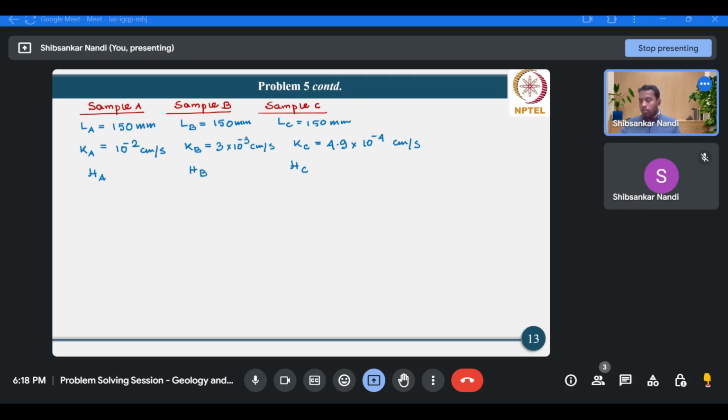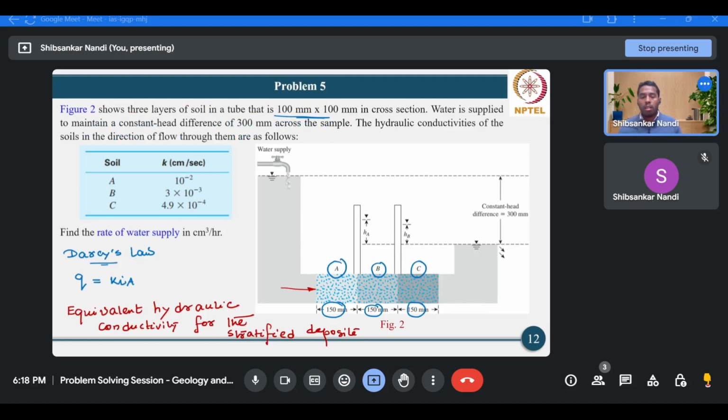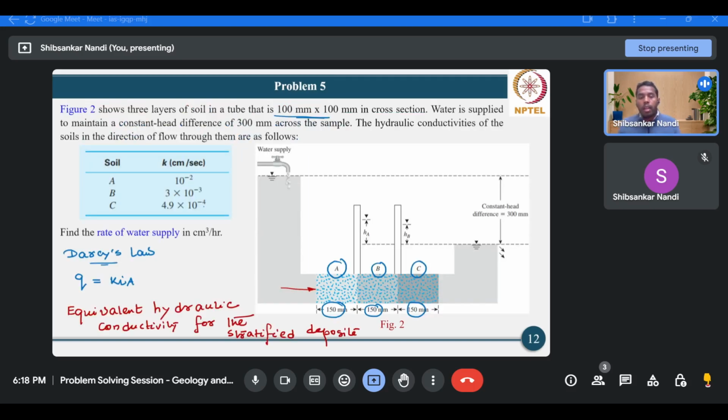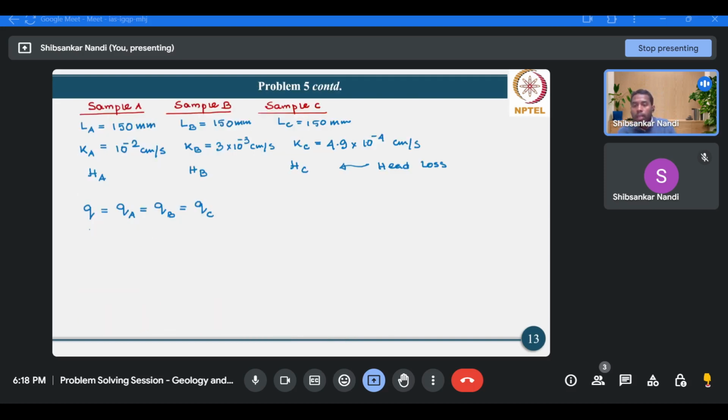Now, as you know, the rate of flow is the same throughout the soil samples A, B and C. So Q is the same: QA, QB and QC. Since the cross-sectional area of all the three samples is again the same, the velocity of flow would be the same.